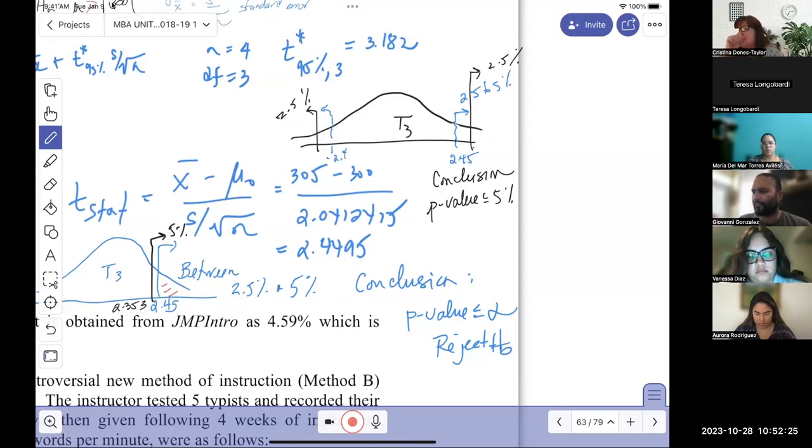So I'm trying to say if it's higher or lower. So that's why I get 2 times. And what's the number in the output? 0.09 something. 0.0917.